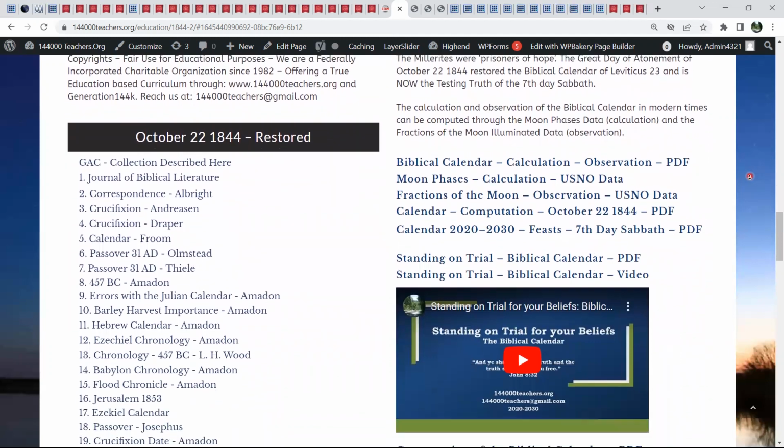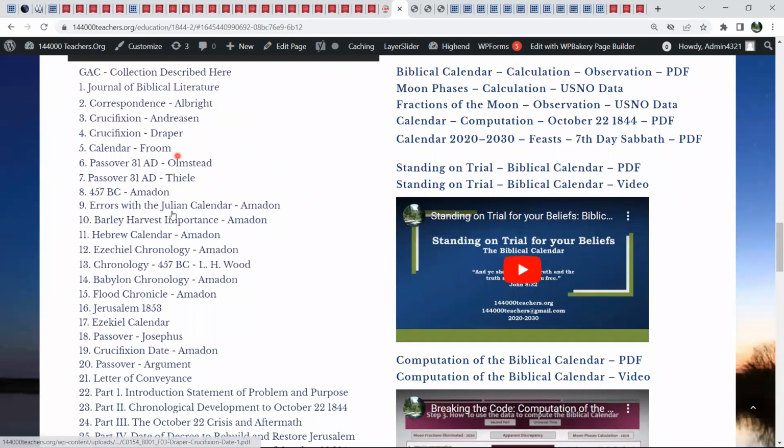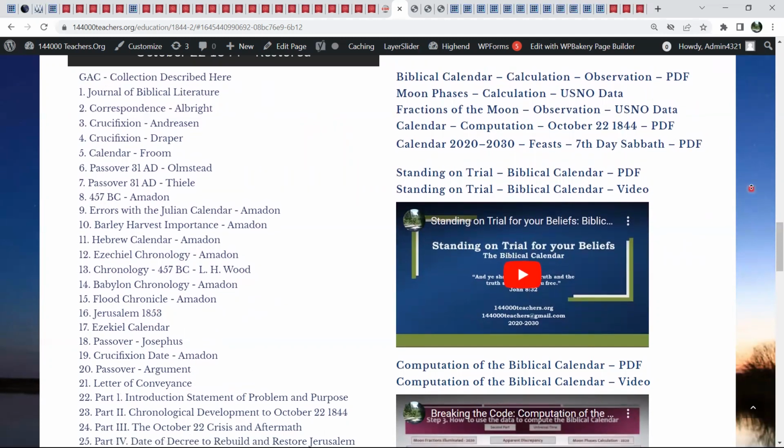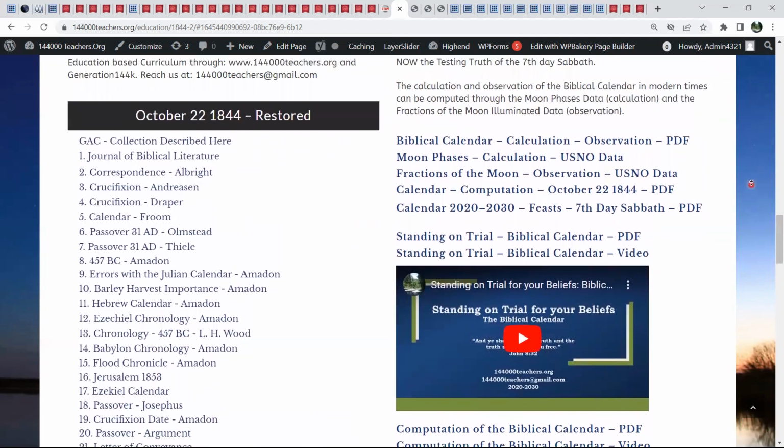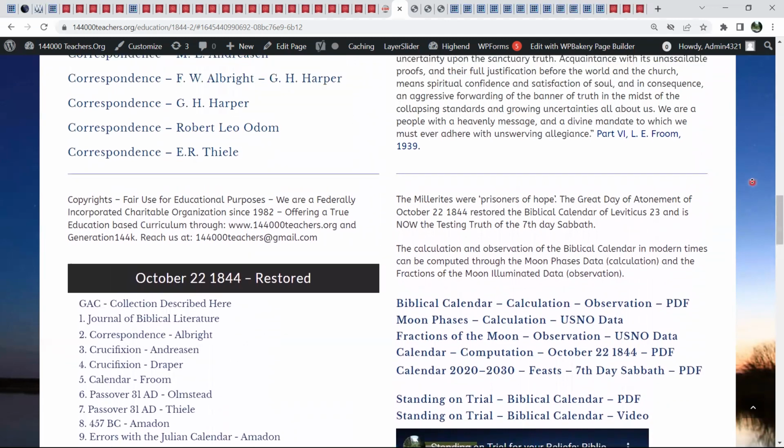And this is the Grace Amadon collection, which basically presents the material that was used by the Millerites. These are from the time of the Millerites, not 1939, when you search it carefully. These are very old manuscripts, and through this, in the research of 1939, they were able to obtain enough information to put together a report.